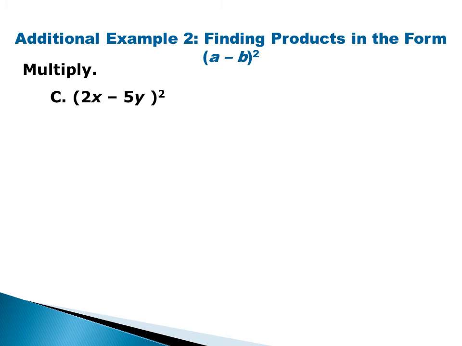Now, here's another one, same story, except we are going to say 2x minus 5y. Remember, what comes as the O and I, the outer and inner, is going to be 2x times 5y. You multiply them, then you get negative 10xy, and then you double it, negative 20xy. Remember that.